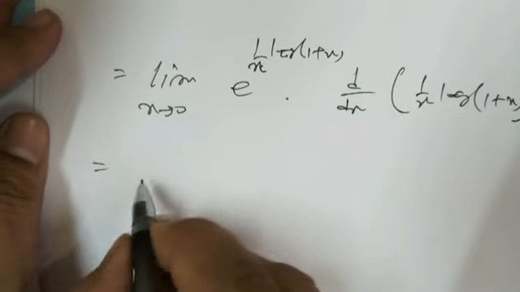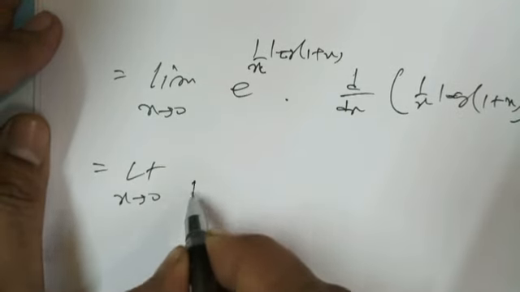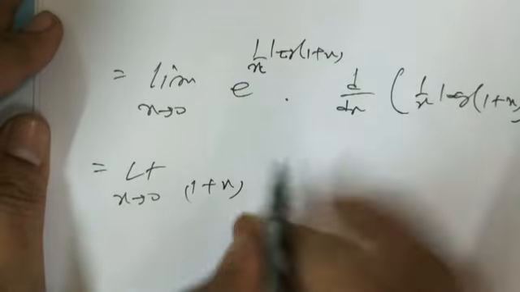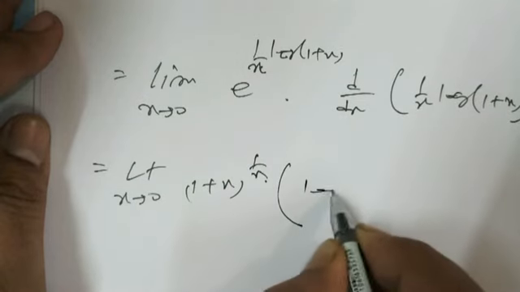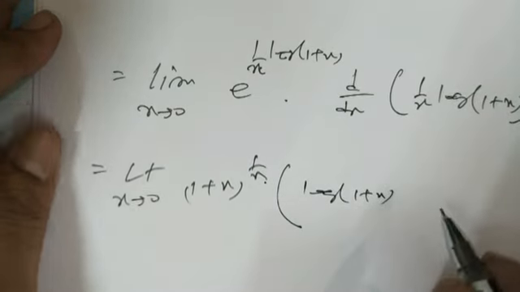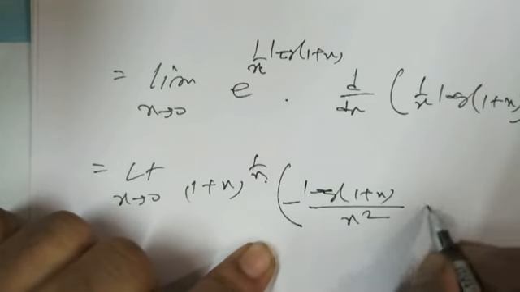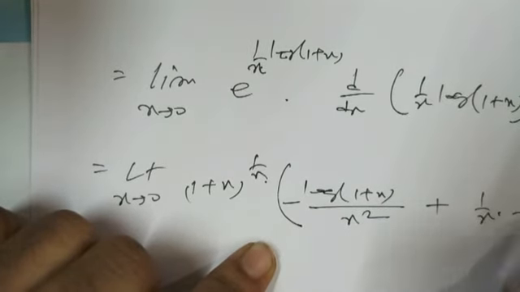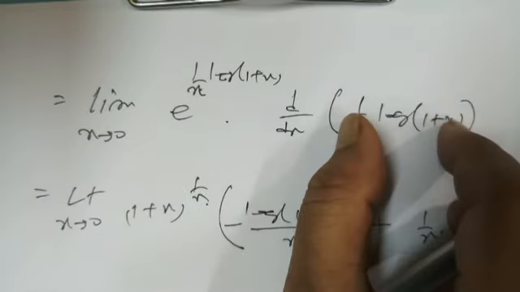This is the limit as x tends to 0 of (1 plus x) to the power 1 by x as it is, times log of 1 plus x upon x square, and this is 1 upon x and 1 plus x, plus 1. Chain rule, this is the chain rule, product rule, UV.